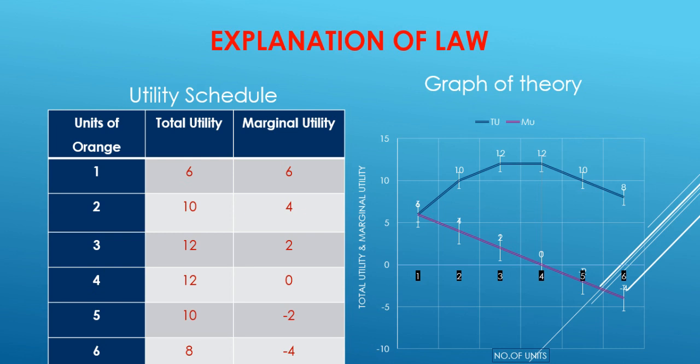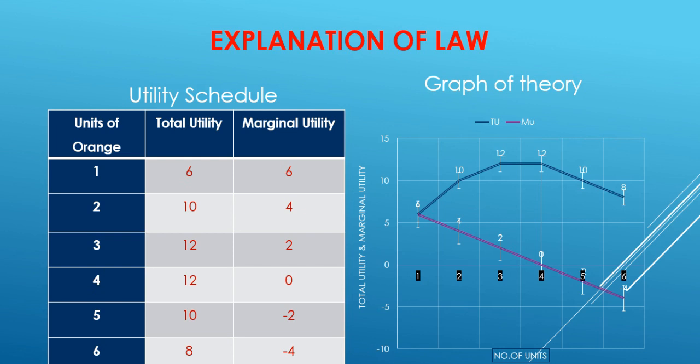When a person X consumes the first unit of orange, he will get 6 units of utility, where marginal utility and total utility are the same because the first unit is the marginal unit when he consumes the first unit only.